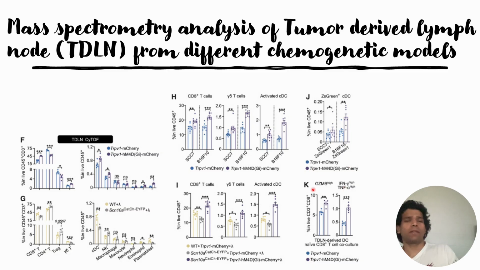After that, they checked other parameters also, where they checked the release of granzyme, which is the lytic granules, and growth factors such as IFN-gamma and TNF-alpha, which also cause cell death and help in tumor cell killing.